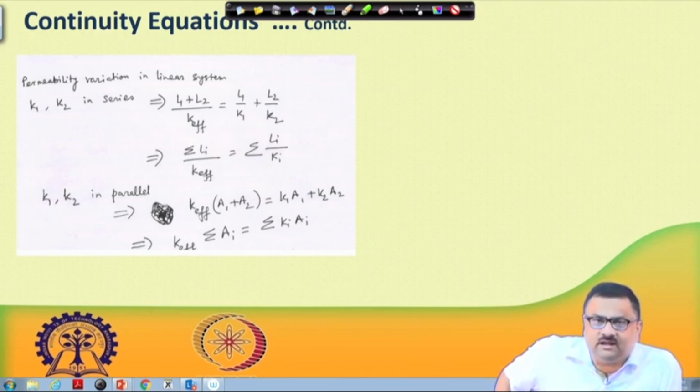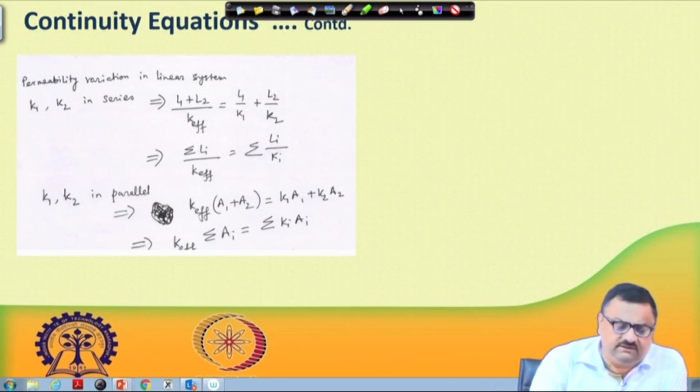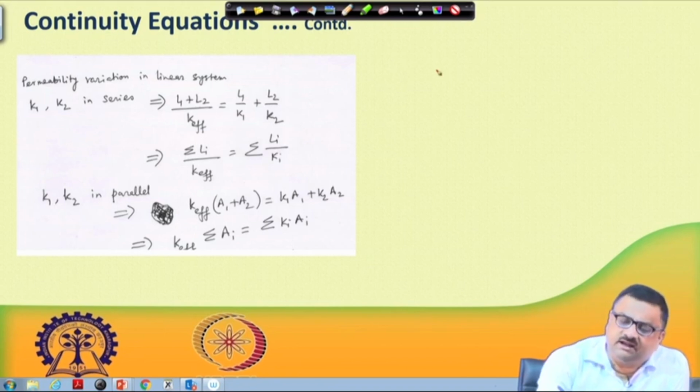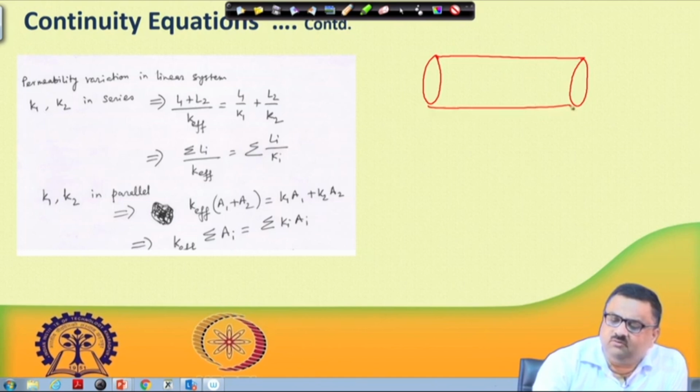Now, it may so happen that you are simply working with a linear system in a particular setup. So how do these permeabilities play out? Linear system means that suppose I have a core, we have been talking about this core, right.